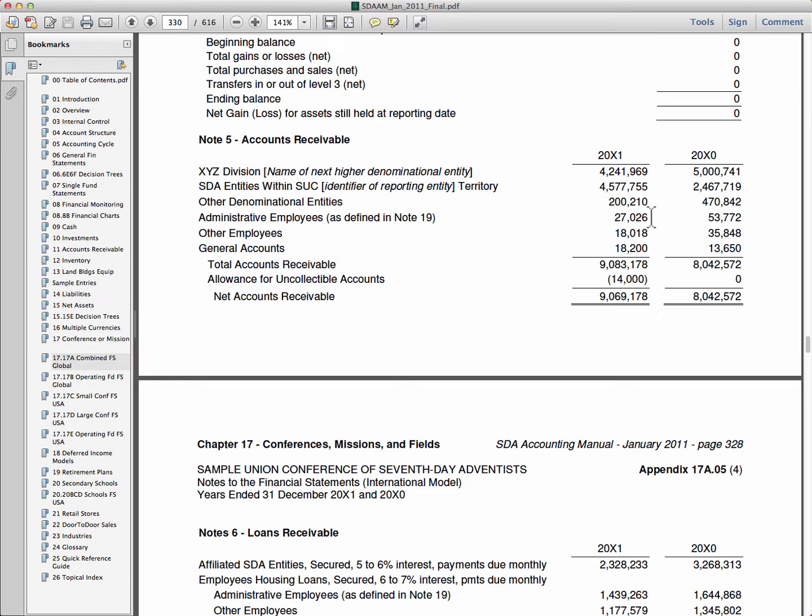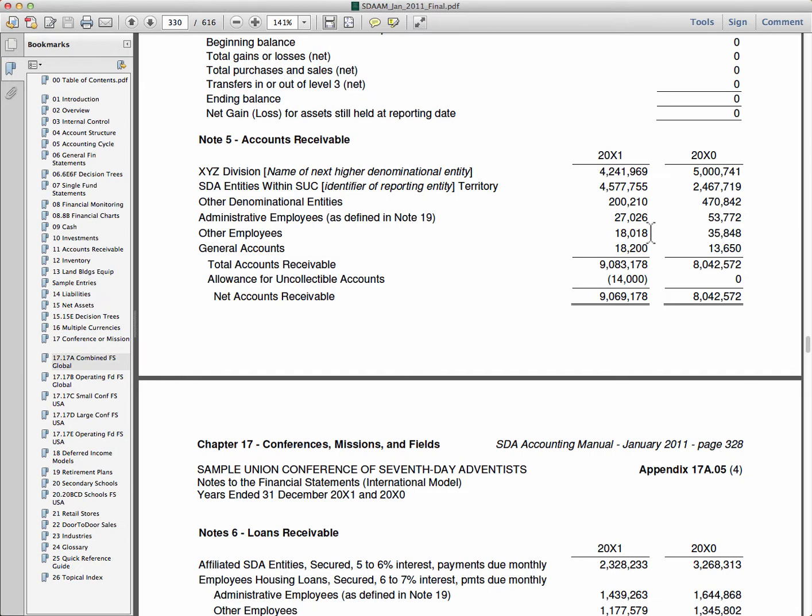Okay, so I can't imagine an executive committee that doesn't have all the vice presidents, but if you happen to run across one, even if they're not on the executive committee, they are considered an administrative employee. So the quick rule of thumb is if an employee, no matter what their job, is on the executive committee of the organization, they are considered an administrative employee and their receivables need to be separated into a different line on the financial statements.